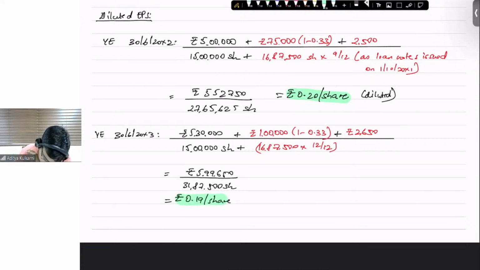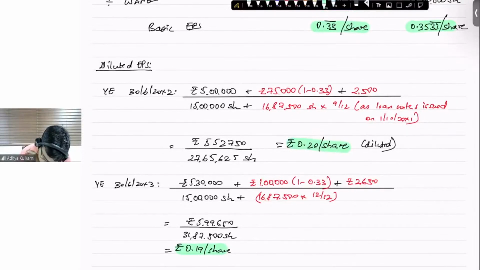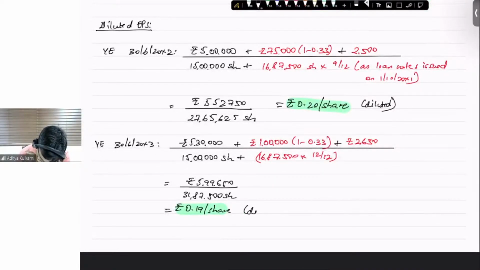Compare it immediately: 0.19, 0.35. Is it lower? Yes. So this becomes my diluted EPS.